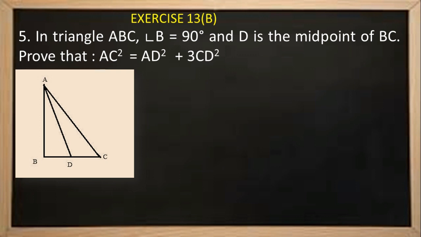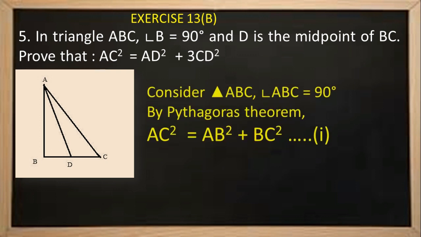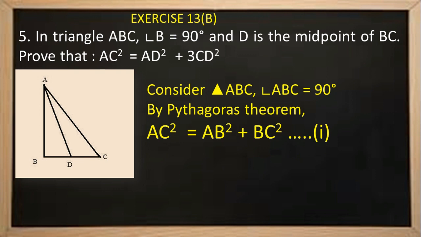So let us consider now, we have a triangle ABC where angle B is 90 degrees. So the side opposite to angle B is AC, which is called the hypotenuse. Hence by Pythagoras theorem we can say that AC square is equal to AB square plus BC square.